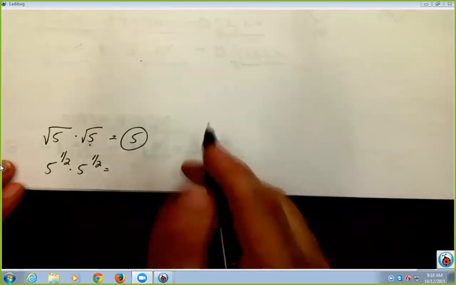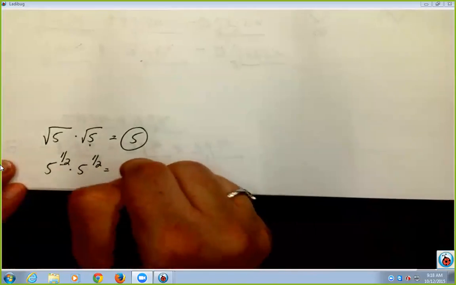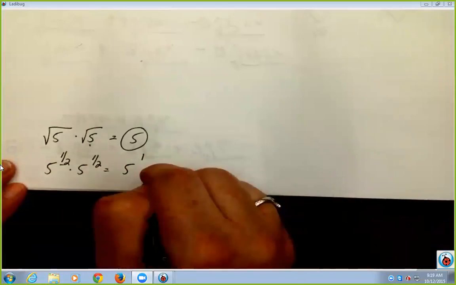The reason is this is 5 to the 1/2 times 5 to the 1/2. Our exponent laws say add the halves together. 1/2 plus 1/2 is 5 to the first power, or simply 5.